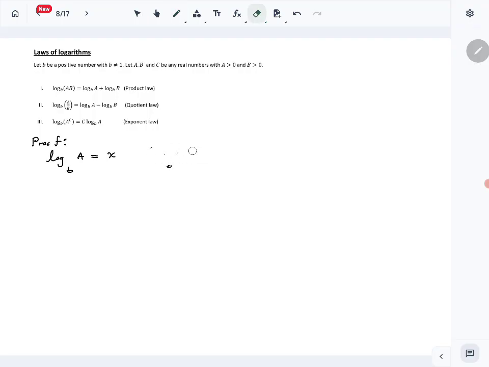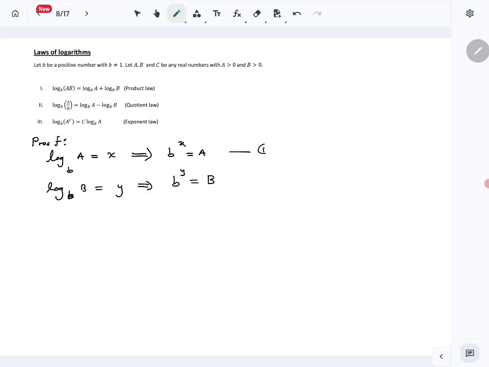Then this becomes b to the x equals a, and log base b of b equals y becomes b to the y equals b.